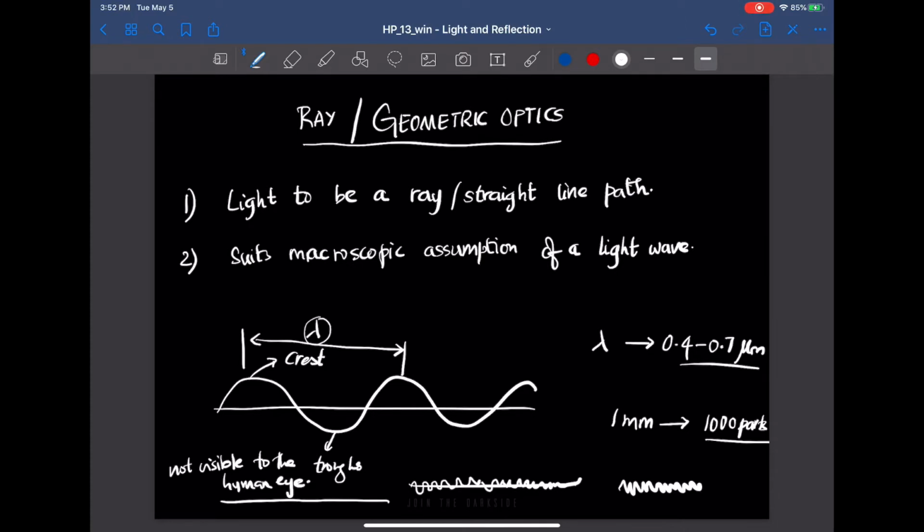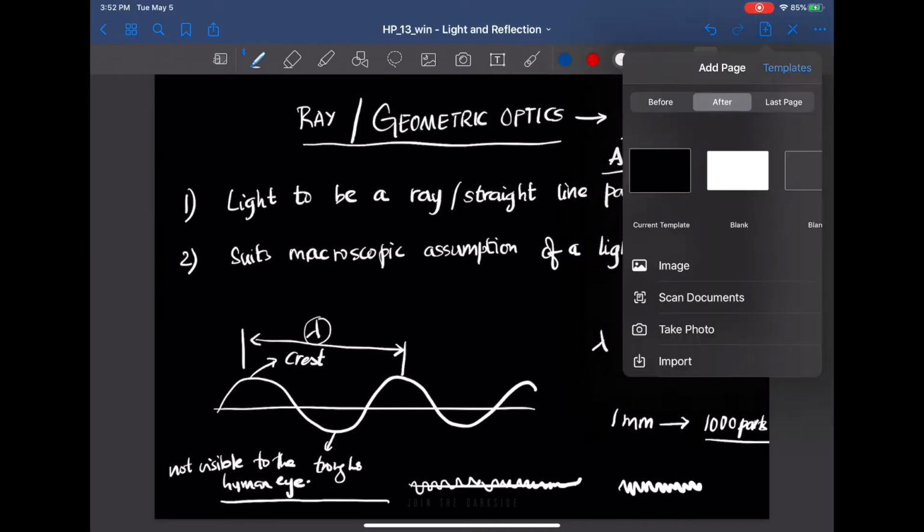The easiness of making it a ray is that it makes it easy for analysis, and especially it also makes it easy to understand the phenomenon of light.